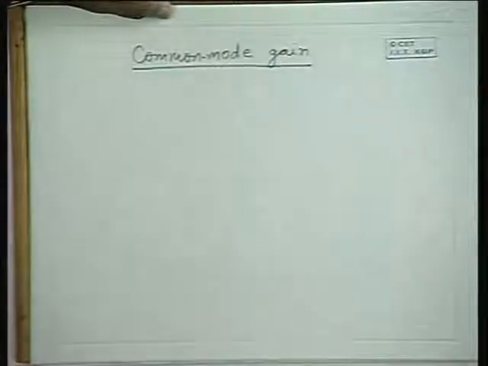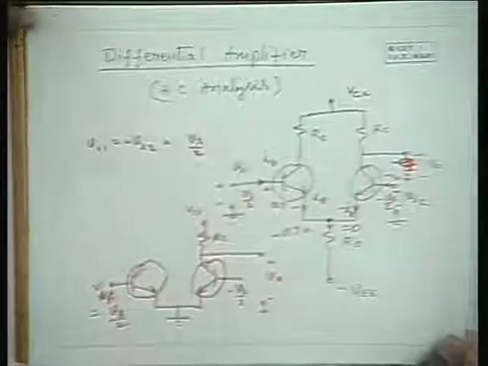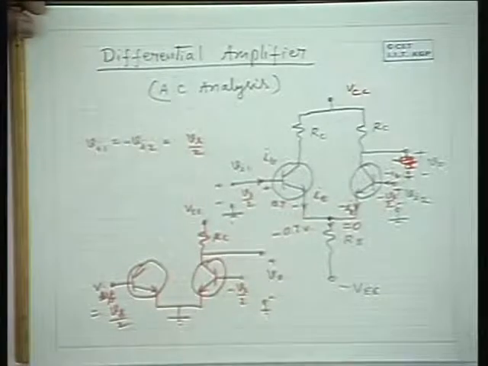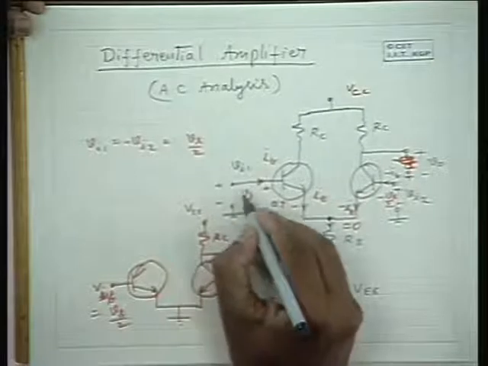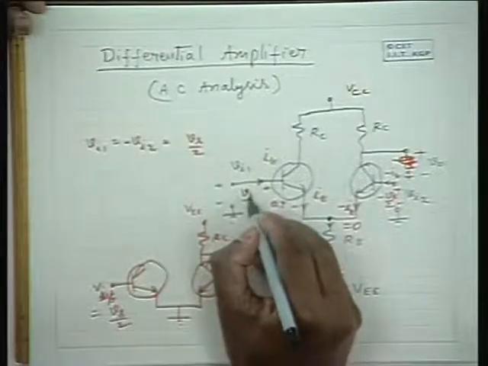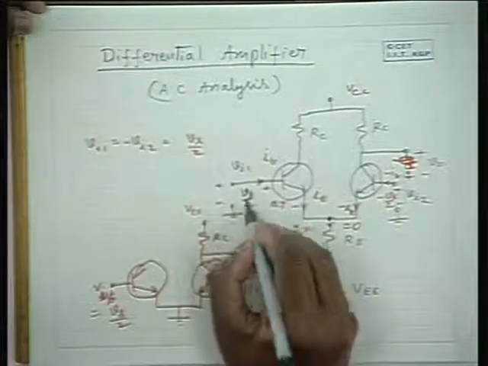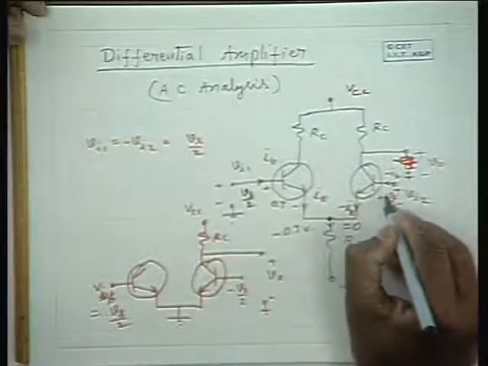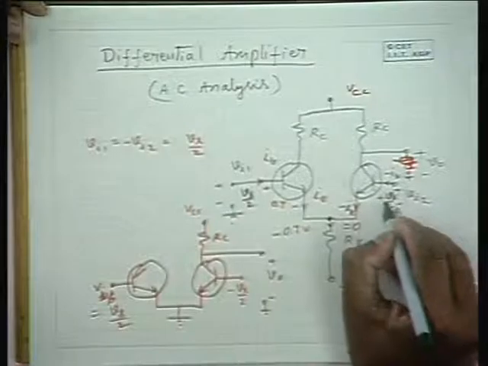Common mode gain. To have a common mode signal alone and not to have any differential signal, we have to apply a signal which is in phase at both the places. We apply plus Vs by 2 here, and we apply plus Vs by 2 here.